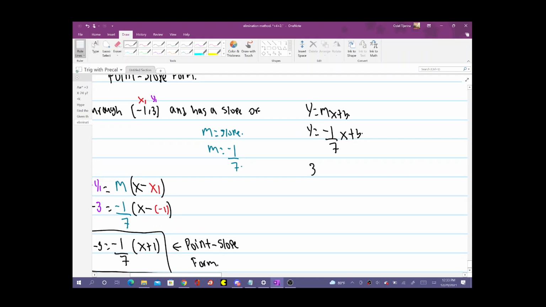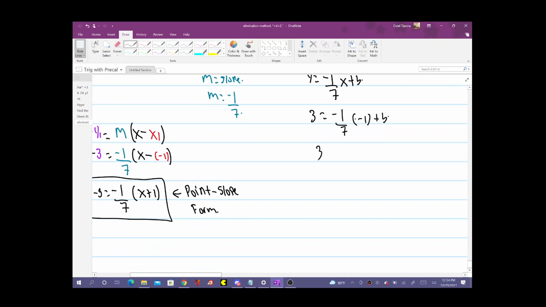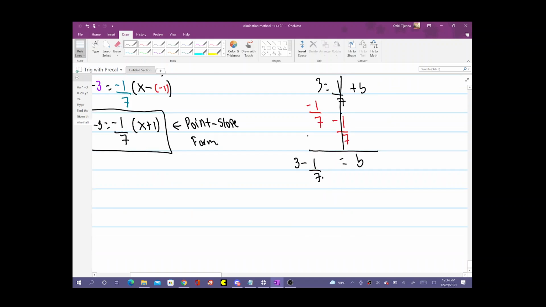This is y equals negative 1/7 x minus 1/7 plus 3 over 1. Multiply by 7 on top, you get 21 over 7. This becomes y equals negative 1/7 x plus 20 over 7. It's the same thing as here.